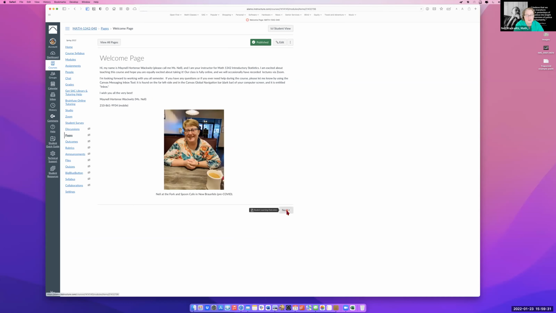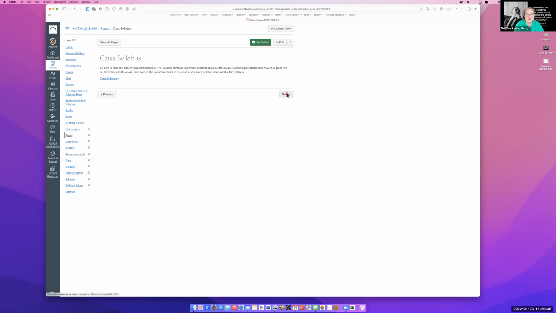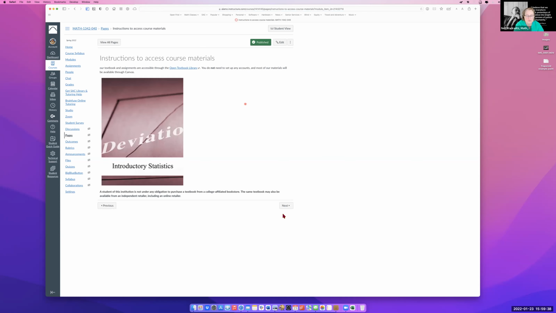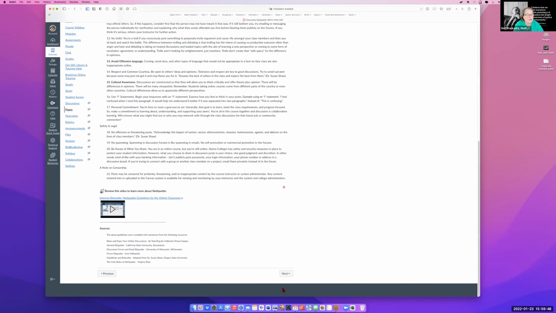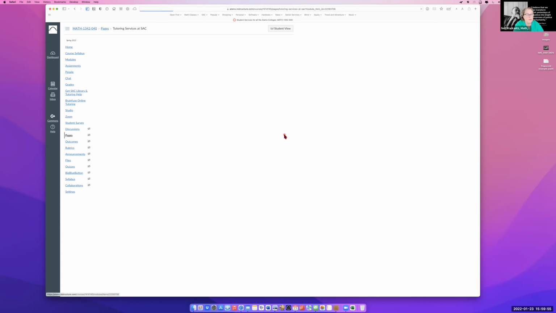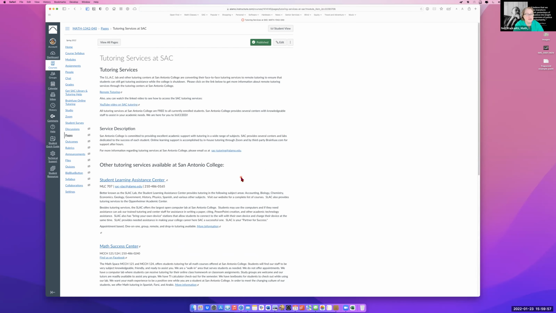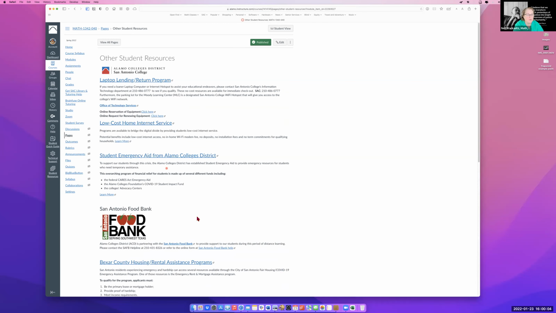You get all these pages that the computer wants you to go through, and some of them are just information you'll never use, but some of them, like how to get our course material, what you're expected to do, the netiquette, anything you do online, support services for any of the colleges, and then a lot of San Antonio College specific services, all the tutoring things that are available, loads of other resources.